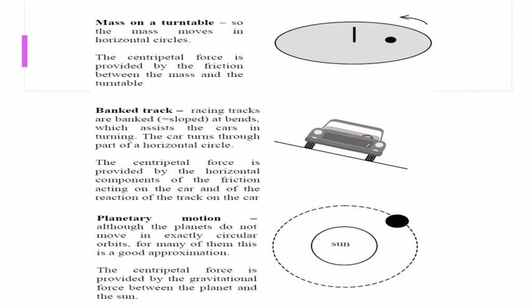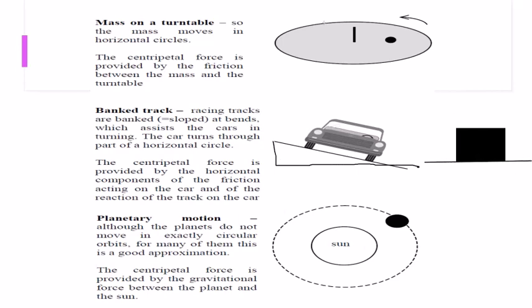In the same way, this is very common when a sharp bend is there. If there is a sharp bend, to assist this, the bank of the track is slightly inclined. Maybe you have noticed this. If you're taking a turn, the bank or the corner of a track is slightly bent. What is the reason? For example, if it was not bent, say this was a car and it is taking a turn.